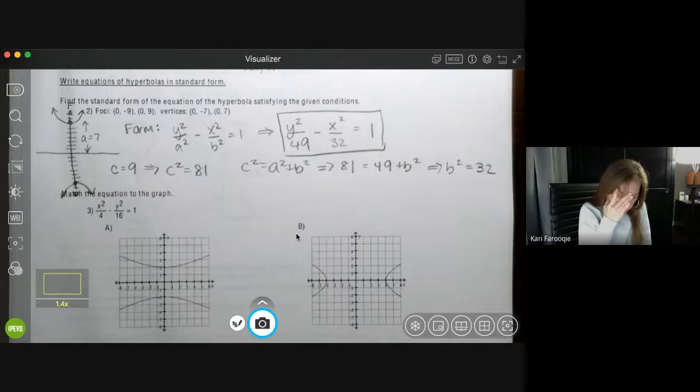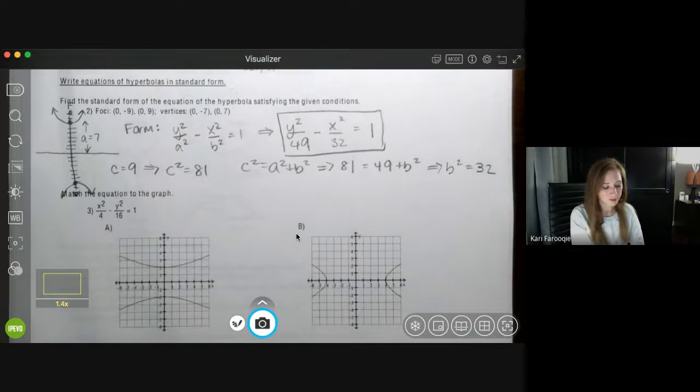So first you're going to determine which form the equation has to follow. I'm sorry, which opening your hyperbola needs to follow to match the equation. Then think about A and, well, just A, I guess, at this point.